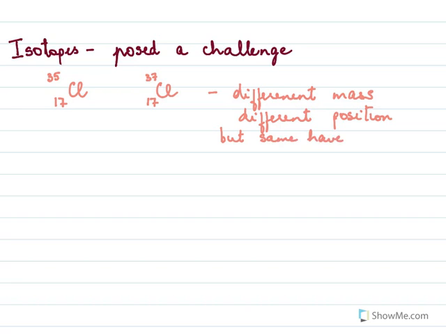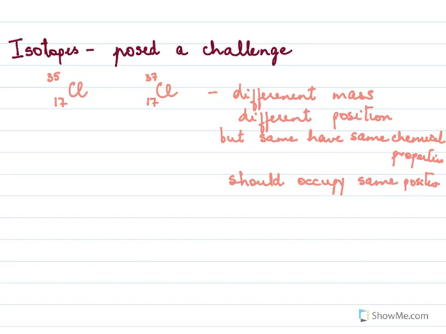Isotopes have the same chemical properties. So if they have the same chemical properties, they should occupy the same position. This Mendeleev could not explain. His table could not explain this. This is 35 and this is 37.